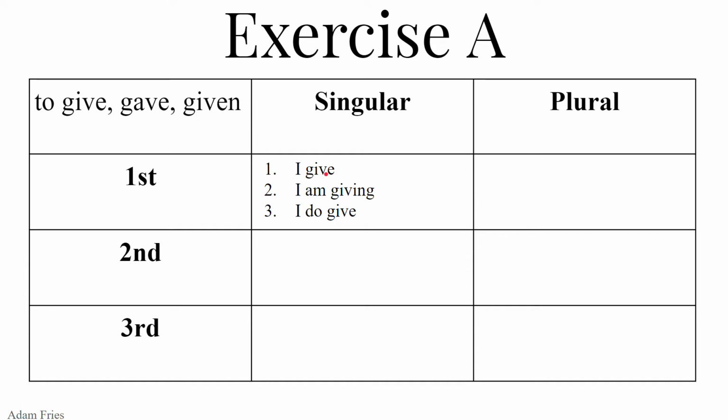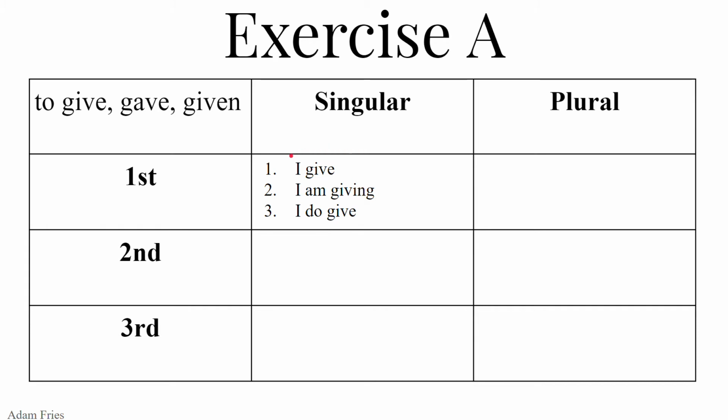English also has progressive and emphatic forms: the progressive form, I am giving, and the emphatic form, I do give. Now all of these three will be rendered into Latin using the same verb form. Latin does not have progressive or emphatic verb forms. Latin just has one form for all three of these English translations.